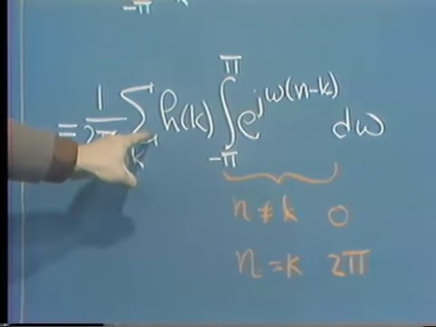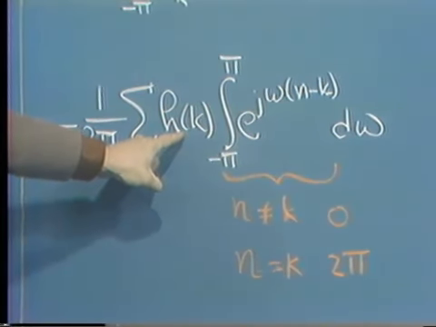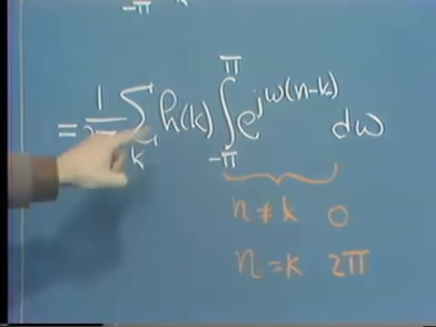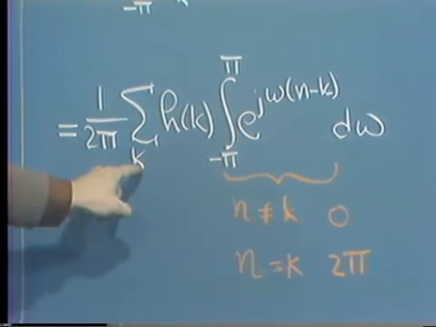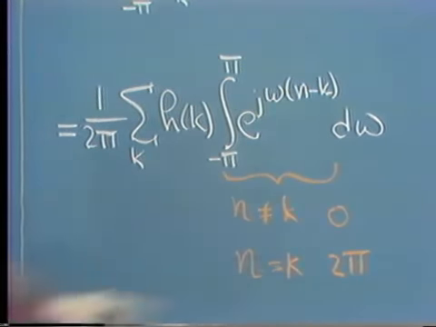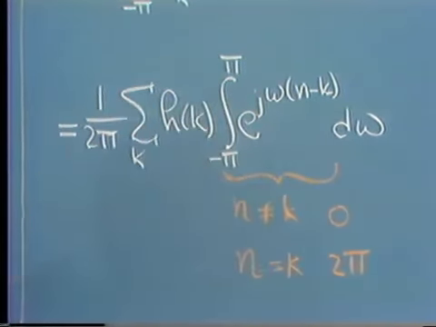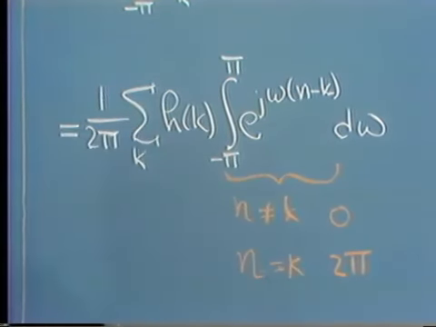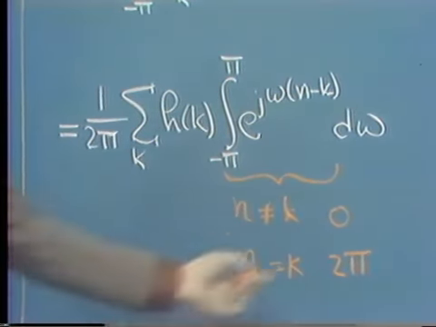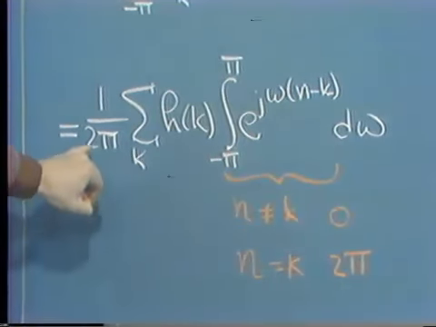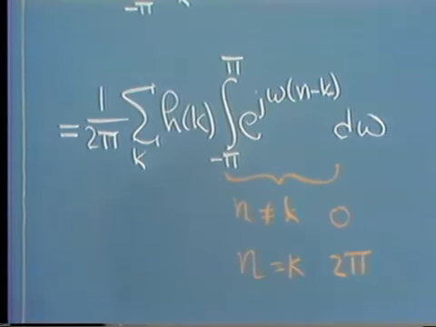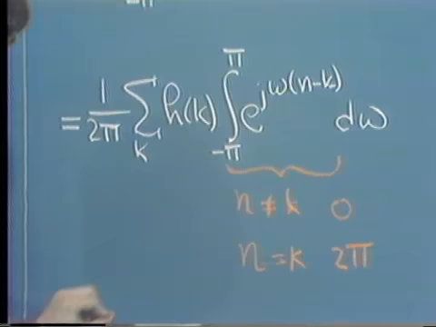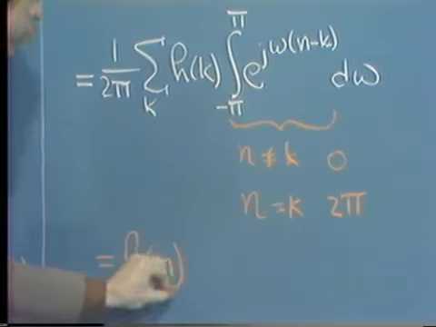That means that the only term in this sum that is going to contribute to the answer is the term for k equal to n, because for all the others, the integral is 0. For k equal to n, the value of this integral is 2 pi, which will cancel out this 1 over 2 pi, and consequently, we get h of n.